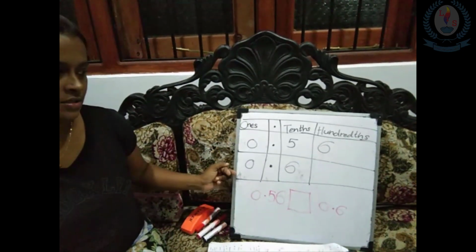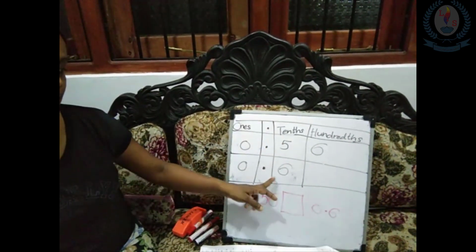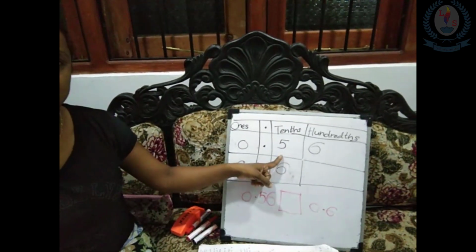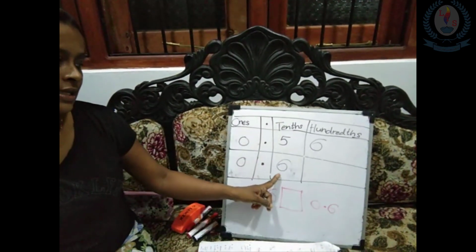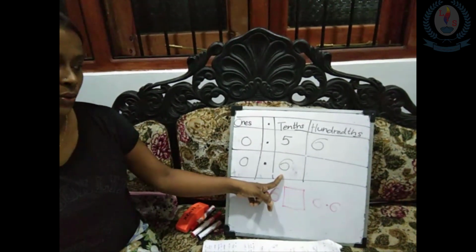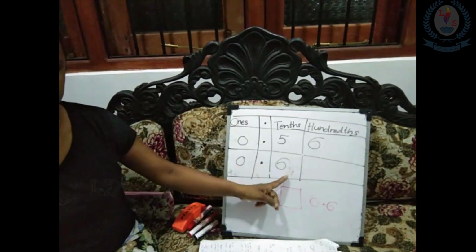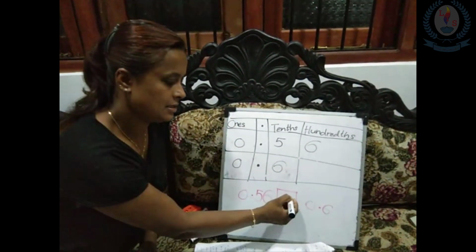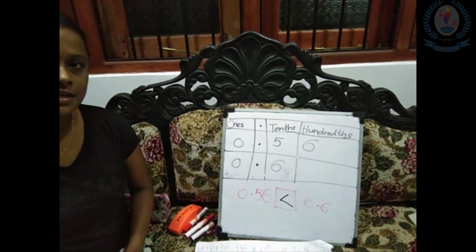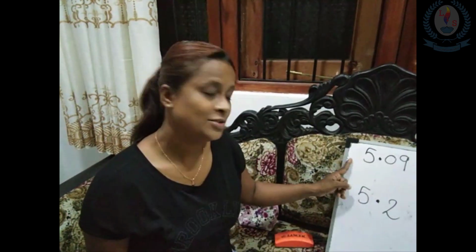That is equal. So let's go to the tens place. In this decimal number, 5 is in the tens place. Here, 6 is in the tens place. So, from 5 and 6, 6 is greater. So we can tell 0.6 is greater than 0.56.